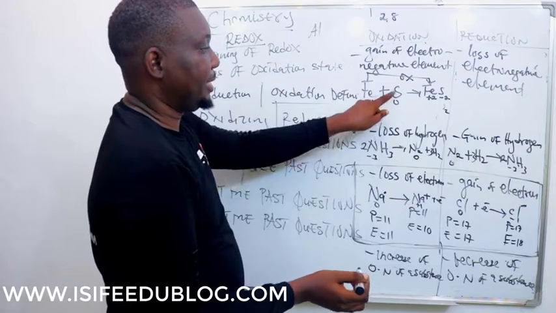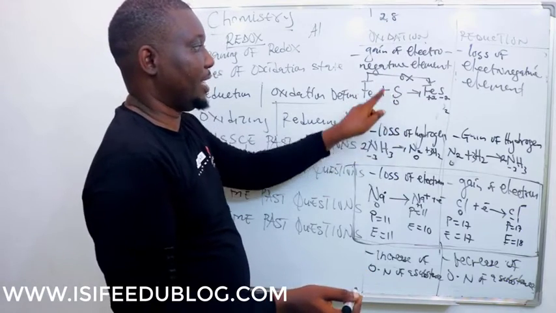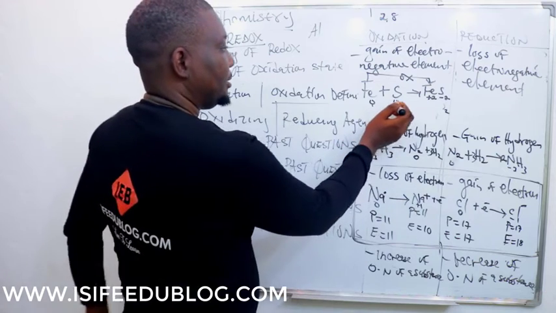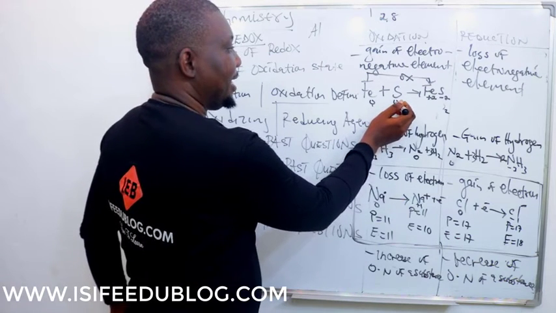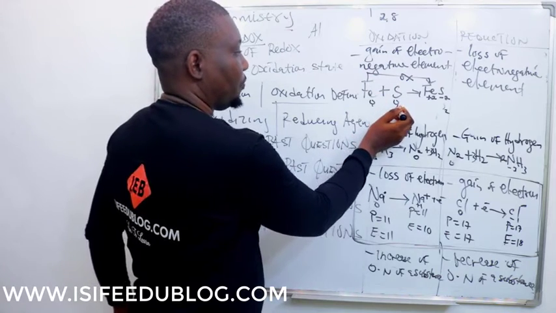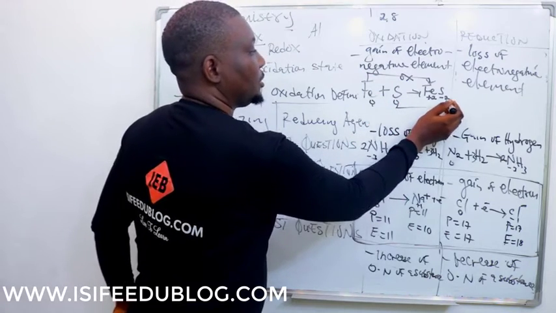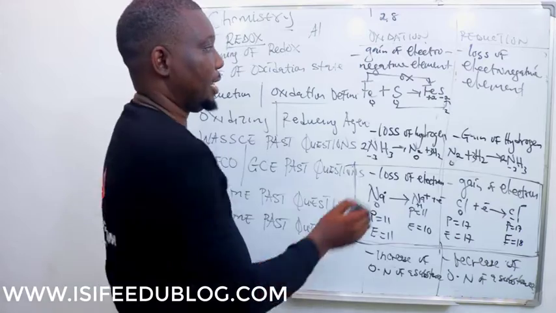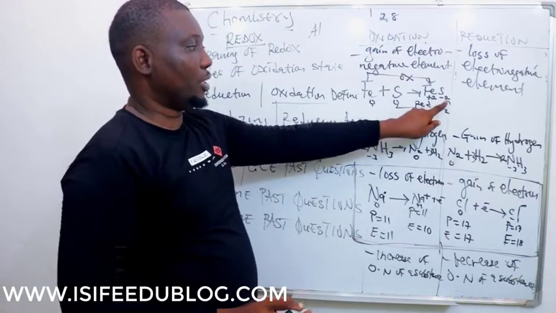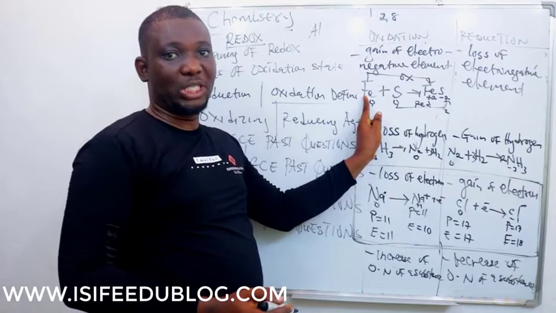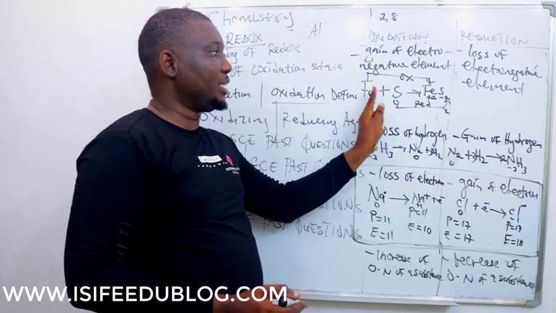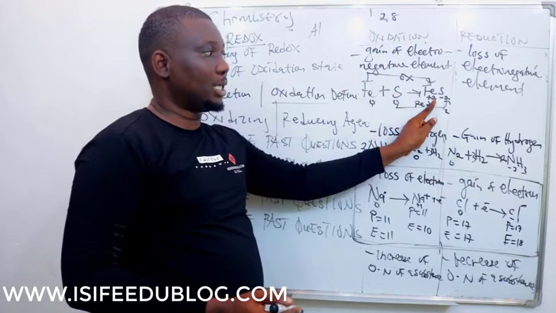That means it gains sulfur, an electronegative element, and gets oxidized. And then sulfur, when it gains this electropositive element, gets reduced. Sulfur has changed from 0 to -2. So iron, having gained an electronegative element, got oxidized.